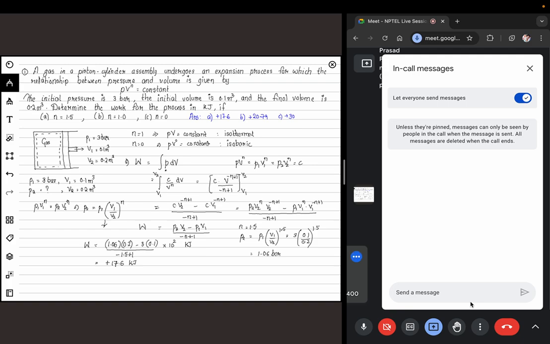There is a pressure force exerted by the gas from left to right, and the atmosphere is also exerting a pressure from right to left on the piston. So the net force should be balanced by the total displacement by the piston. If you know the piston area, from there we can calculate delta X, since delta V is 0.1 cubic meter, and F times delta X will give me the work done on the piston.